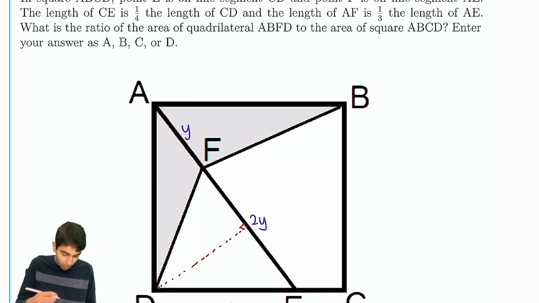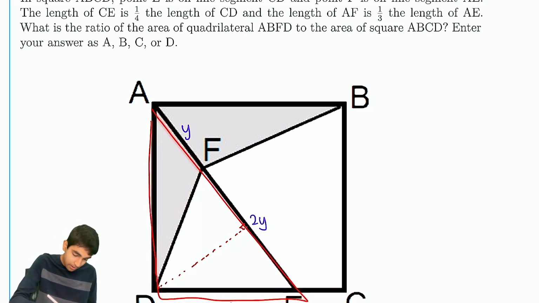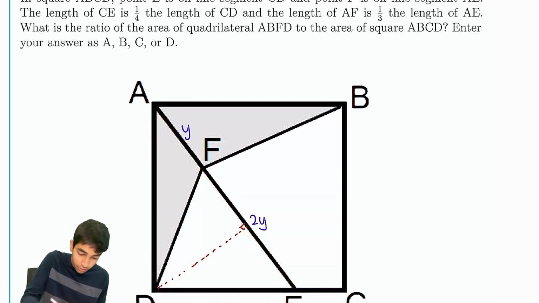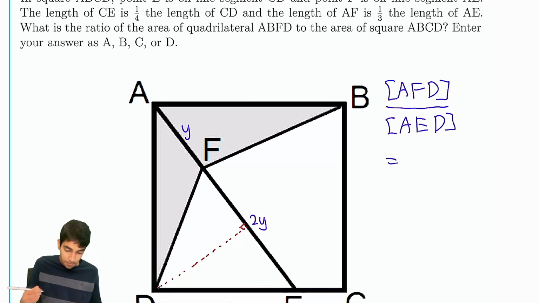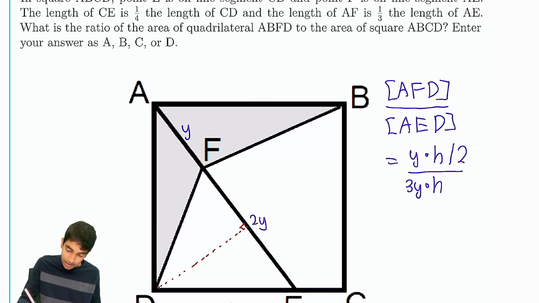And the area of triangle AED is 3Y times the same height. So the ratio, and this symbol over here just means area, AFD over AED is, well, Y times H by 2 over 3Y times H by 2, which is just 1/3 because it all cancels out.